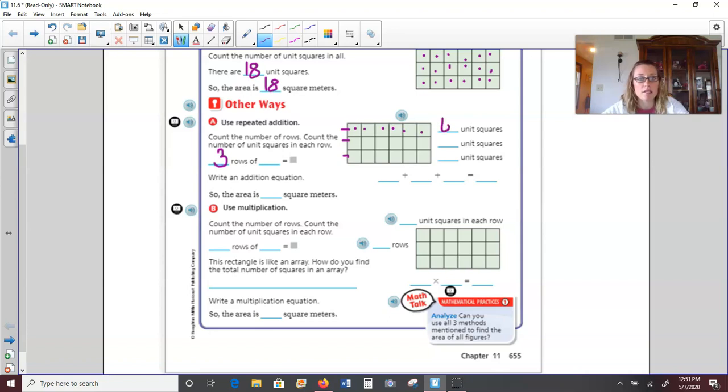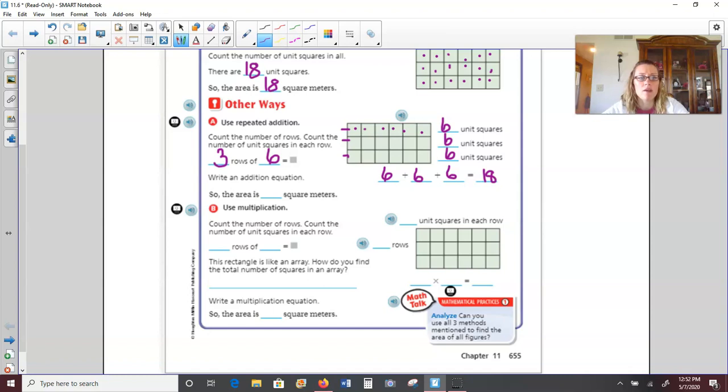So there are 6 unit squares in each row. So we have 3 rows of 6. That means we're adding 6 for row 1, plus 6 for row 2, plus 6 for row 3, and 6 plus 6 plus 6, I know, equals 18.